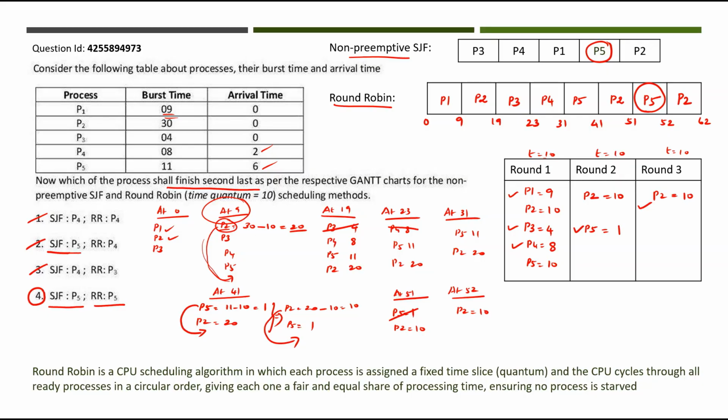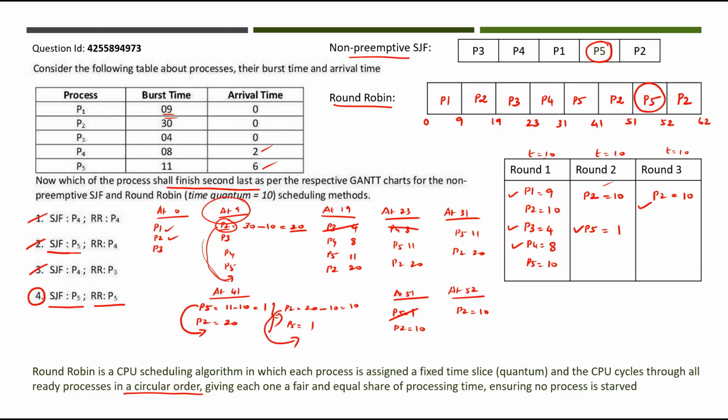That's what they say. It will cycle through all processes in circular order. Again, when P5 completes, you will be given a chance in round 2. Once it completes round 2, the second time quantum, again it moves next to P5 and waits for its third round. So in the third round only P2 is getting completed.